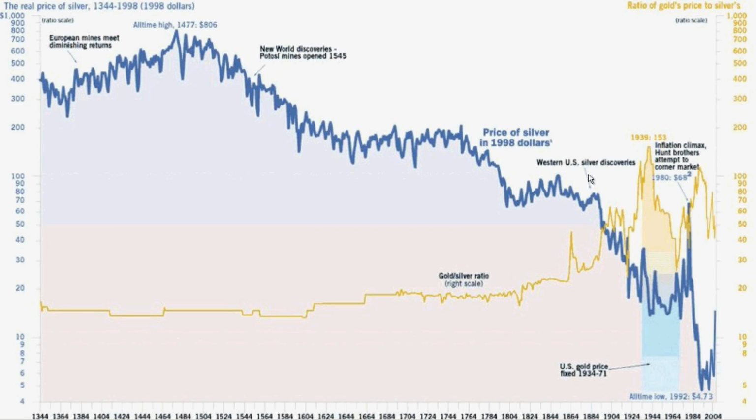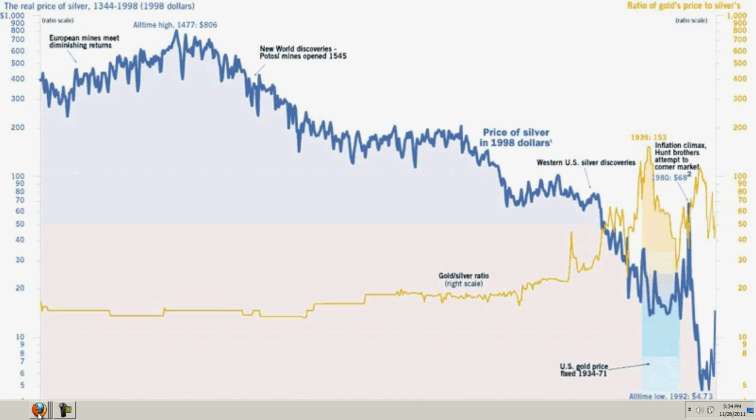So this is a long-term perspective. Now, I believe we're going back to at least the historical and perhaps even beyond that. So let's just go back to the historical of where silver was used as money and it was trading against gold. So let's take our all-time high of 806, and that's going to be in 1998 dollars, so we're going to have to adjust that based on inflation.